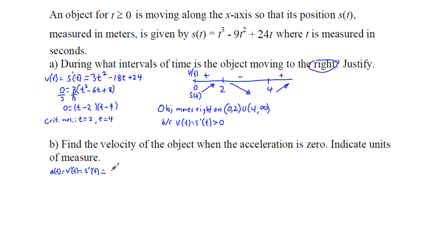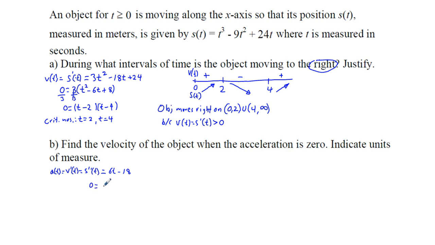That's going to be the second derivative of the original function, or first derivative of the velocity. So that's going to be 6t minus 18. And to find when the acceleration is 0, we can just replace s double prime of t with 0.